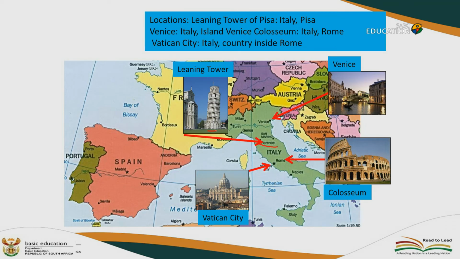And then we have Venice. Also, it is from Venice. And then we have the Colosseum. The Colosseum is in Rome. And then we have the Vatican City.